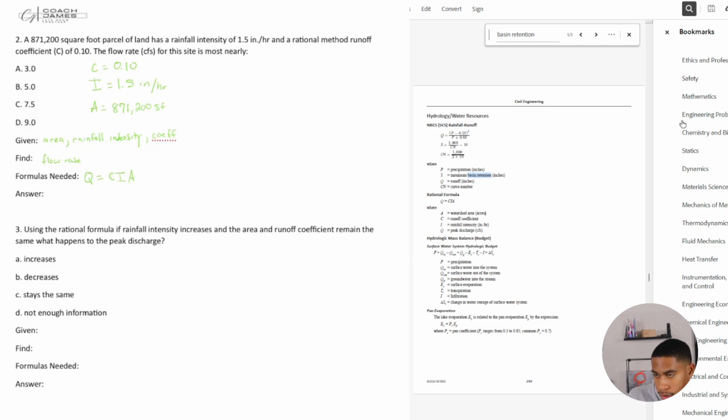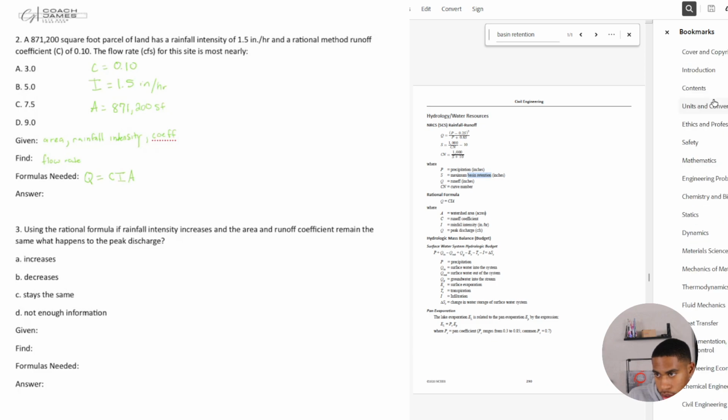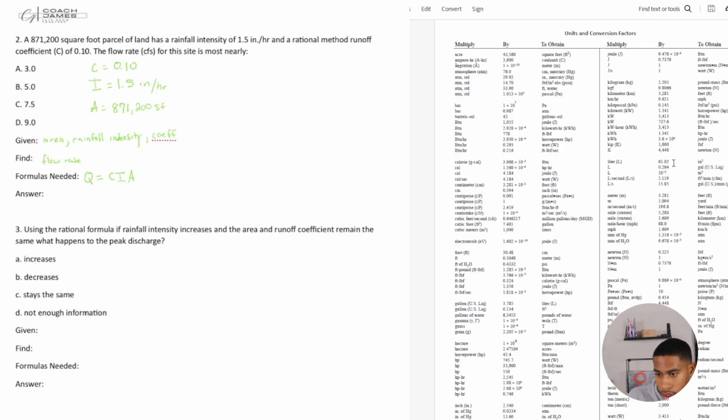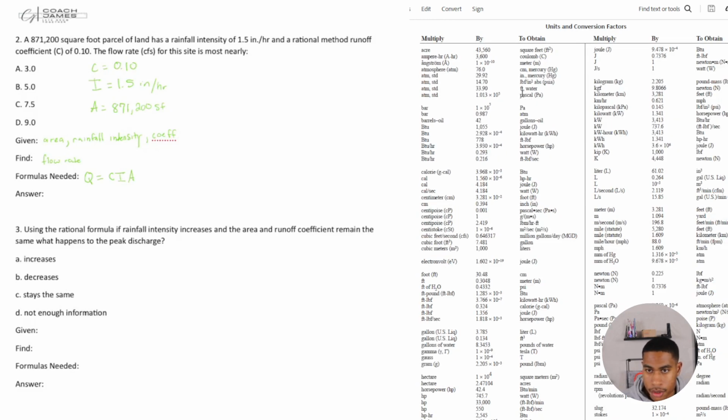So I would go to my unit conversion section of the handbook and see if I can get any information. The handbook gives us a bunch of different stuff. So can we go from square foot to acres, or acres to square feet?